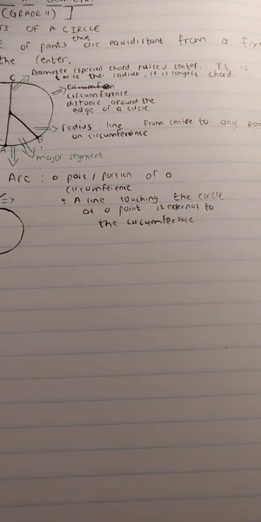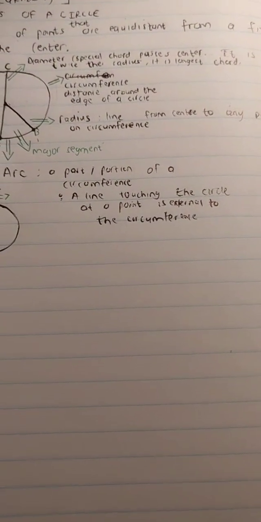A line touching the circle at a point, but this line is external to the circumference, excepting at the point where it touches. What do we call that line?